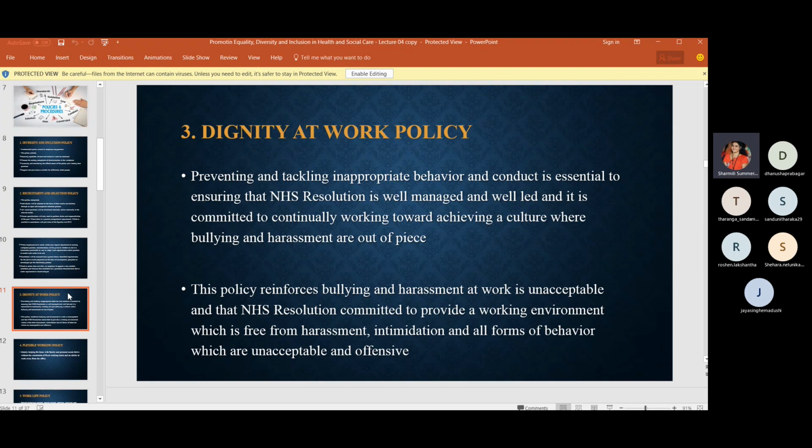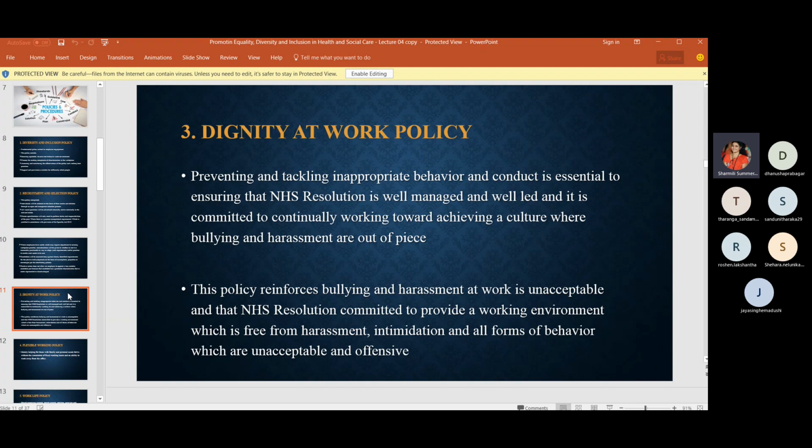Preventing and tackling inappropriate behavior and conduct is essential to ensuring that NHS Resolution is well managed and well led, and it is committed to continually working toward achieving a culture where bullying and harassment are out of place. So this dignity at work policy especially helps.